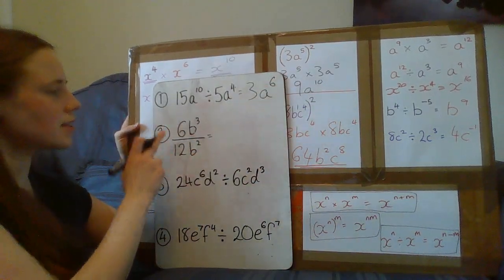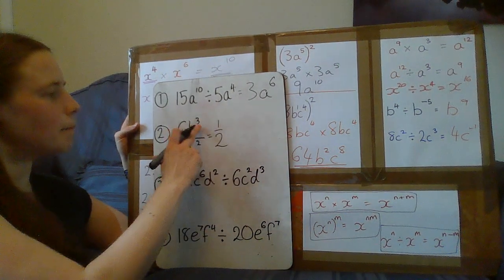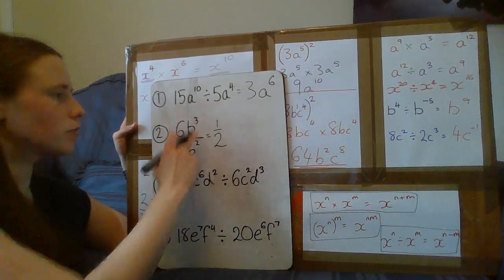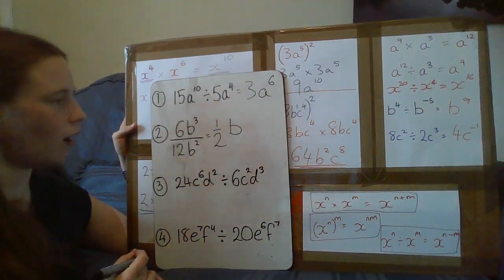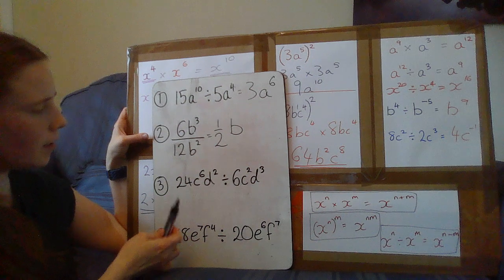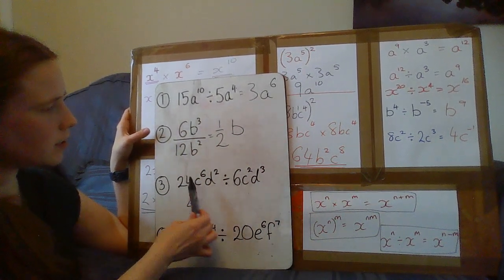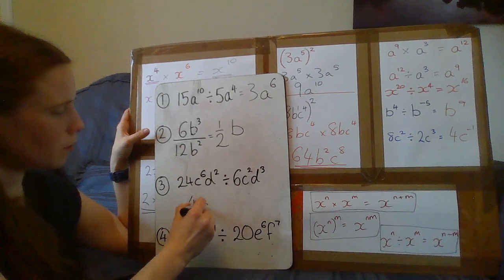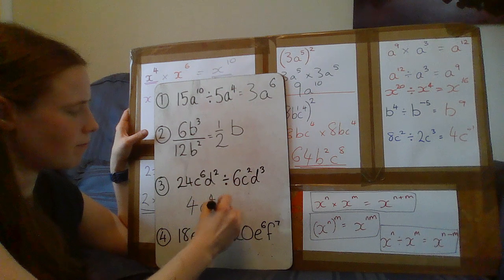Next up, 6 divided by 12 is a half. And b to the 3 divided by b squared, 3 minus 2 is 1. So I can write b or b to the 1, half of b to the 1. Next one, 24 divided by 6 is 4. 6 minus 2 is 4. And 2 minus 3 is minus 1.